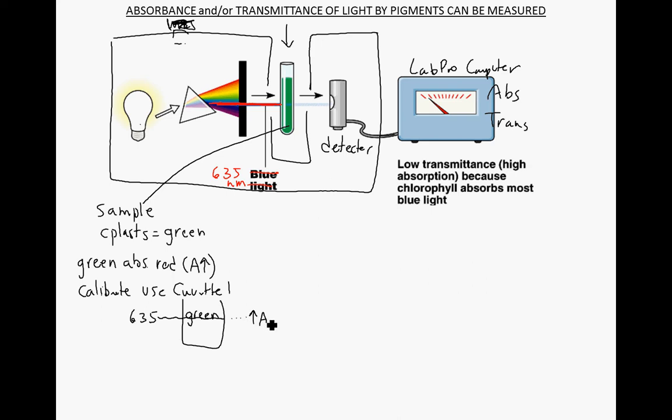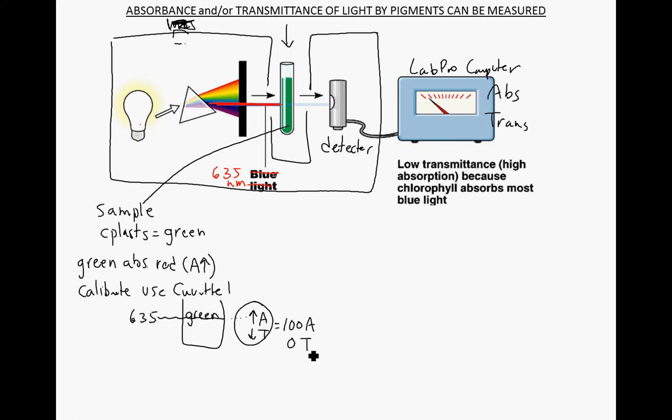During the calibration, you're going to tell the machine that however much light is coming through here, most of that 635 is absorbed and very little is transmitted, but whatever value this is right here, to make this 100% absorbance and 0 transmittance. So this is the calibration step right here.